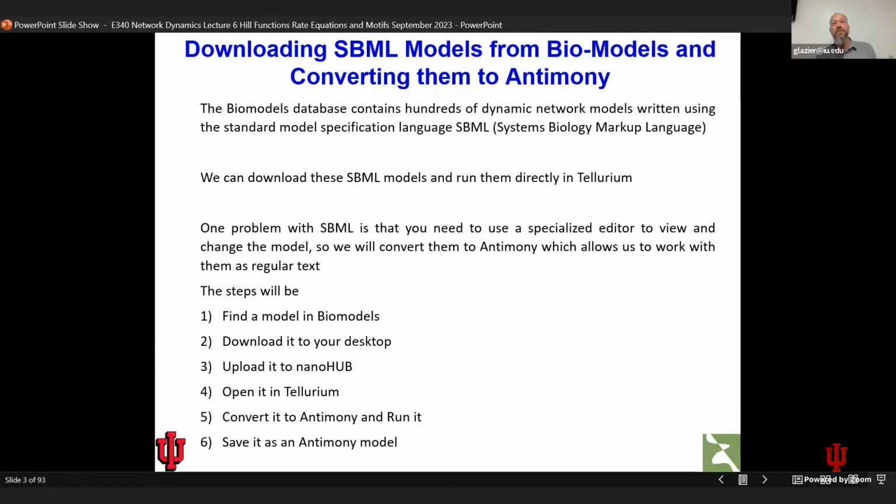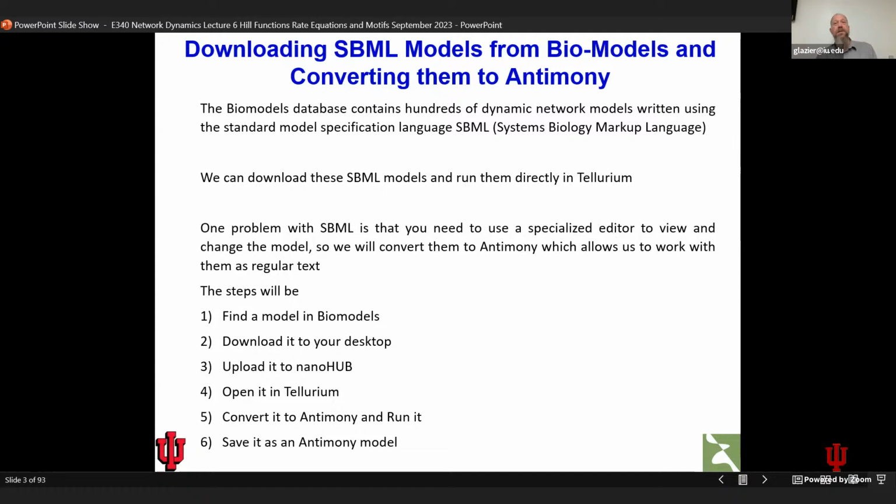It's ugly. In particular, it uses MathML syntax for defining equations, and it's just not very pretty. There's nothing wrong with it, and you can work through it, but it's not a friendly thing to read and write. And so people generally read and write SBML through an editor, a specialized editor, a GUI of some kind.